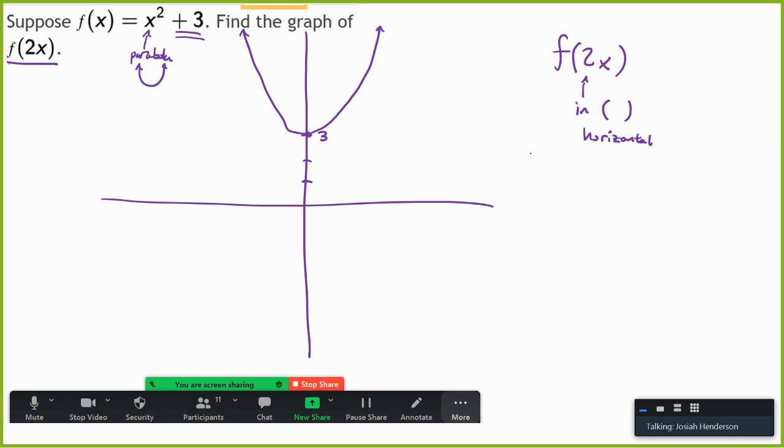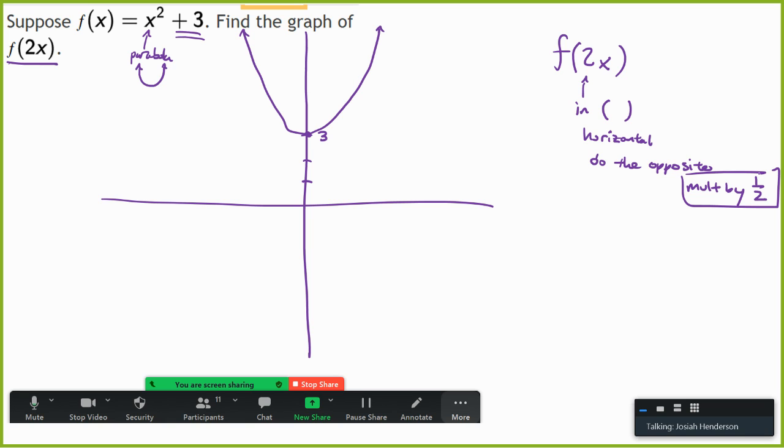So it's like taking the original points on the purple parent graph and multiplying all the x numbers by not 2, the opposite is a half, 1/2. Do the opposite. So for us, that's going to be like multiplying by 1/2.